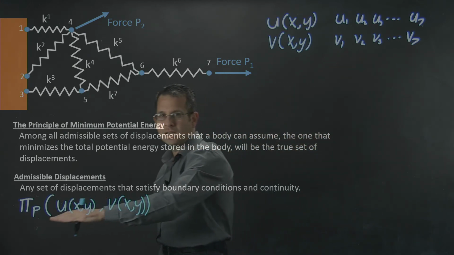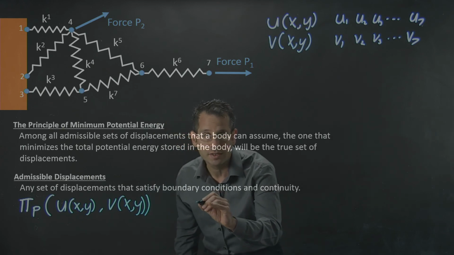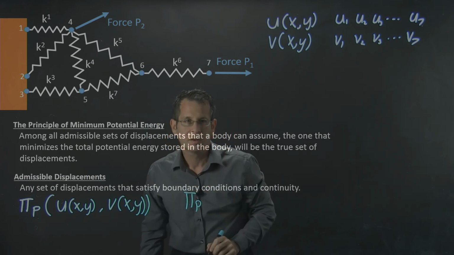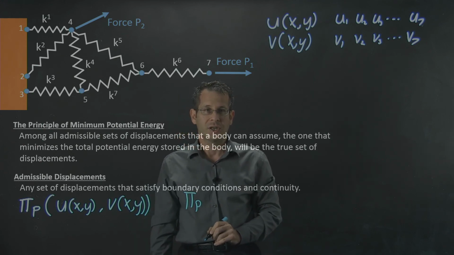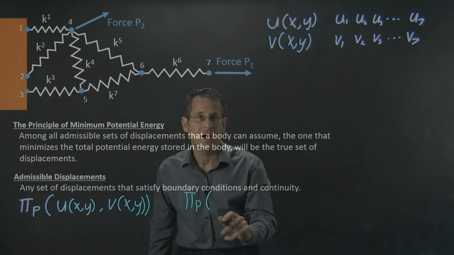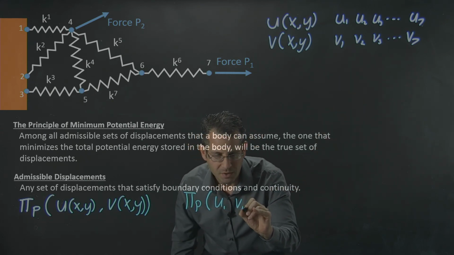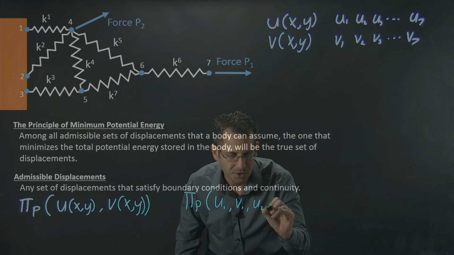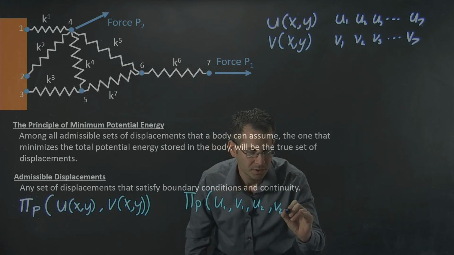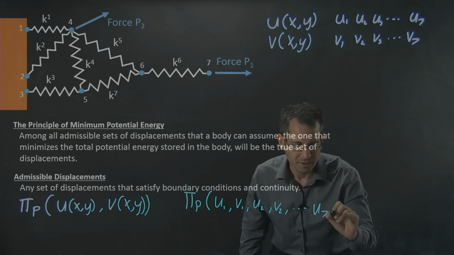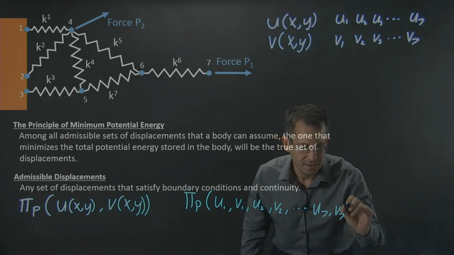So what we're going to do is find a function for total potential energy in the system as a function of the displacements at the nodes, u1, v1, u2, v2, etc., all the way to u7 and v7.